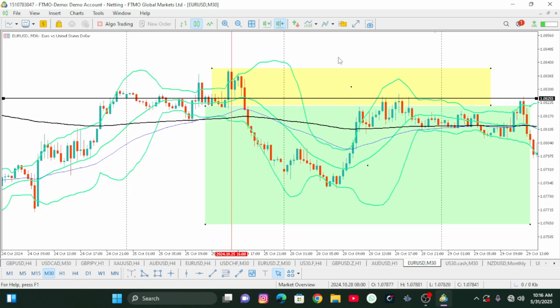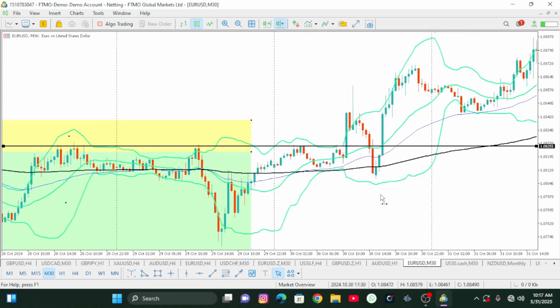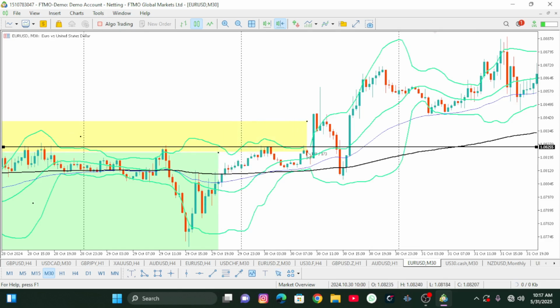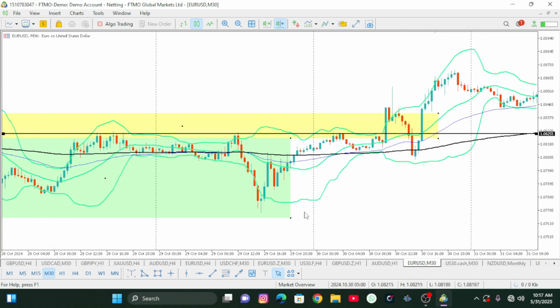If this is a trade you would have taken, this would have been our ideal setup. So if we can extend our boxes, let us extend and see if it will have hit our TP.